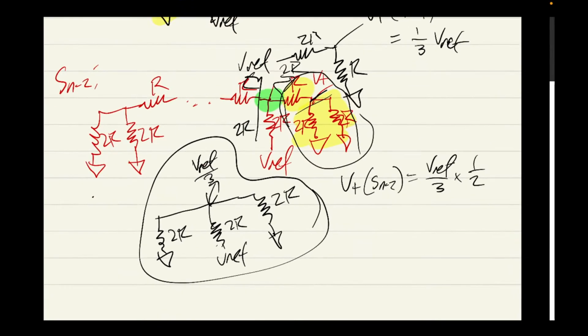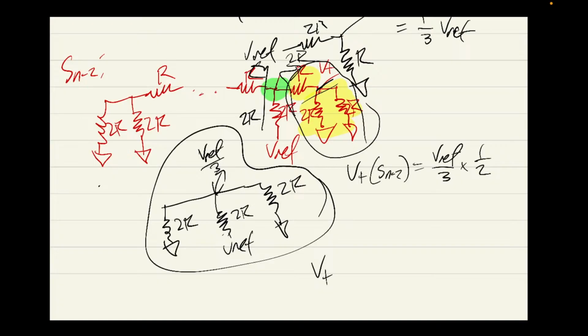We end up with V plus from Sk, I'm going to use K, equals Vref on 3 times 1 on 2 to a certain power. That power will depend on how far back we go. So if n minus 1 means a power of 0, we can say n minus 1 minus k.